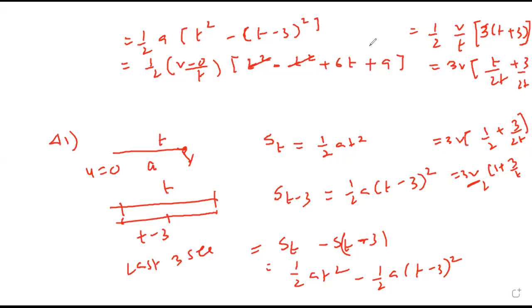Yes, this will come minus, when you open the bracket this should be minus. Wait, a minute, let me do it again. Done, the answer. Distance covered in last 3 seconds is distance covered in t seconds minus distance covered in t minus 3 seconds.